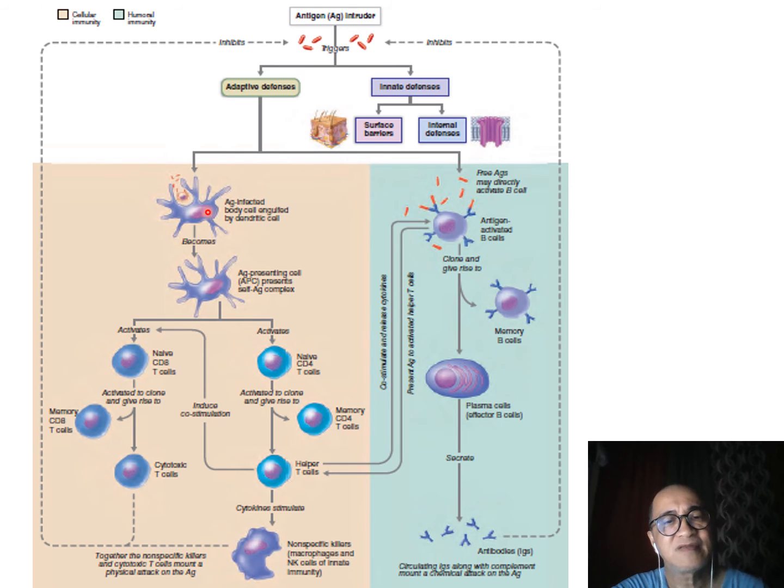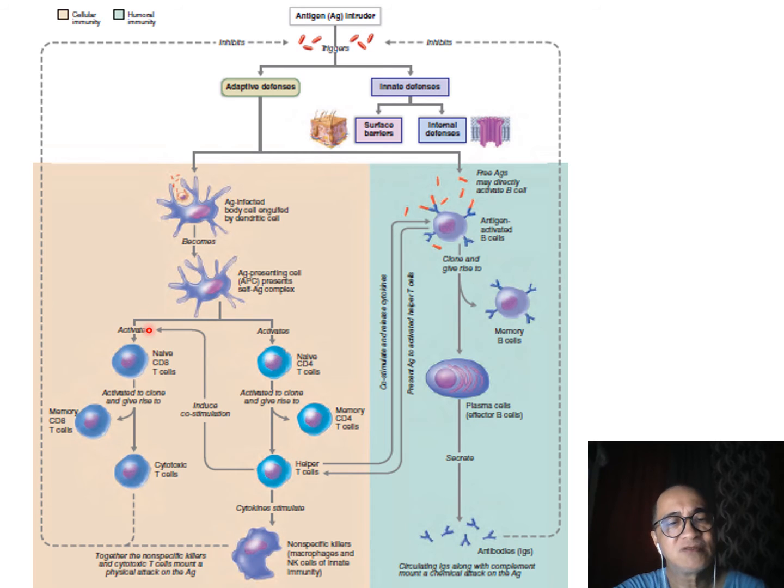When the antigens are encountered by nonspecific cells like dendritic cells in the periphery of the body, the dendritic cells phagocytize the antigen and present this to specific T cells.